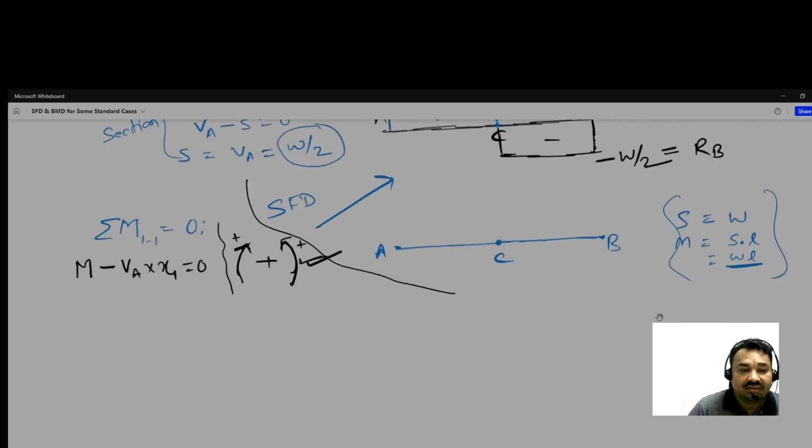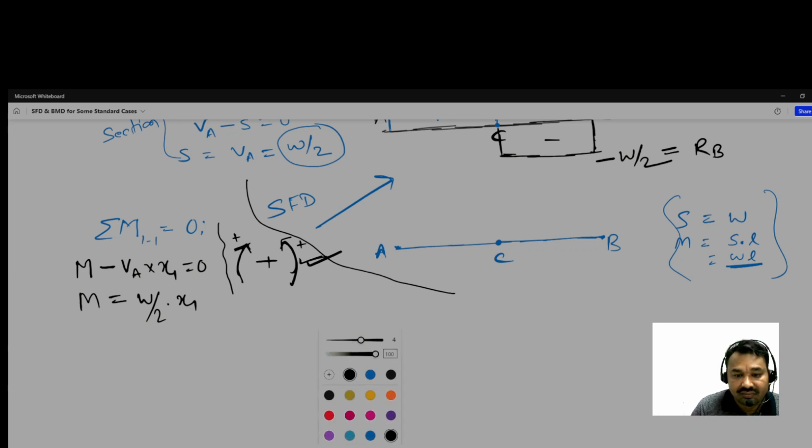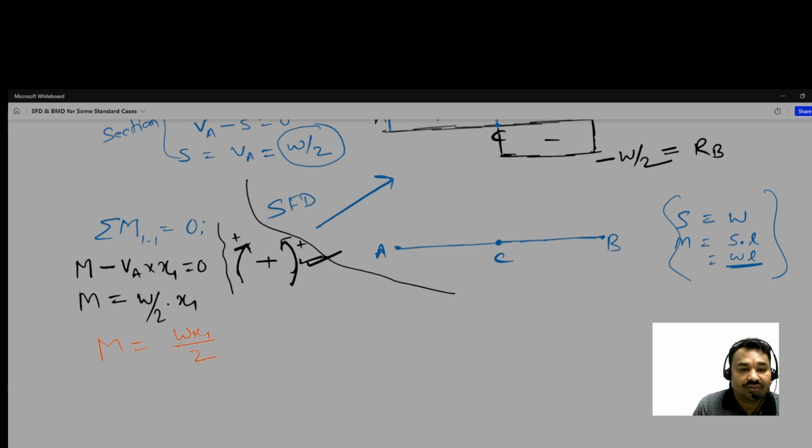So what we get, M is equal to, and VA is equal to what? VA is equal to W by 2 multiplied by x1. So M means Wx1 divided by 2. Okay, and what about here?